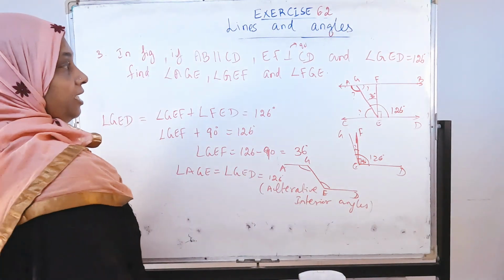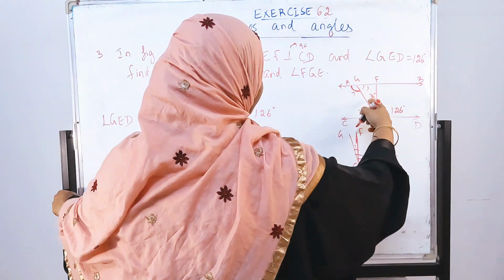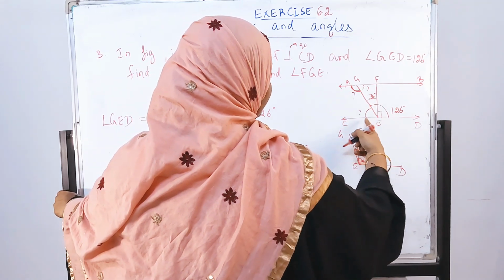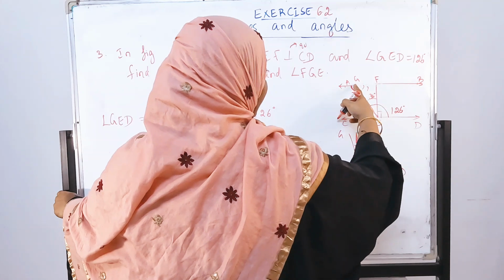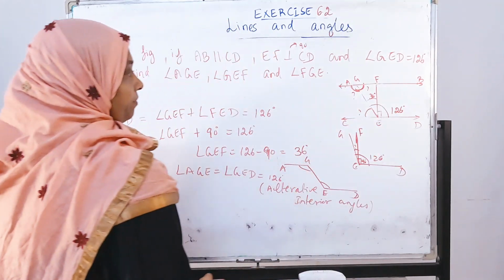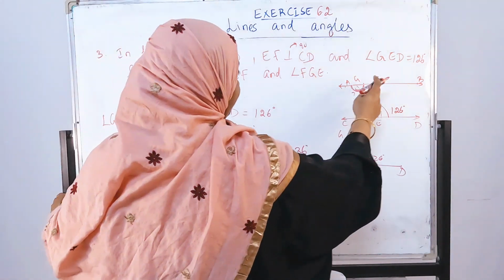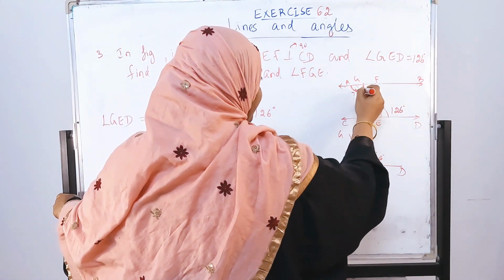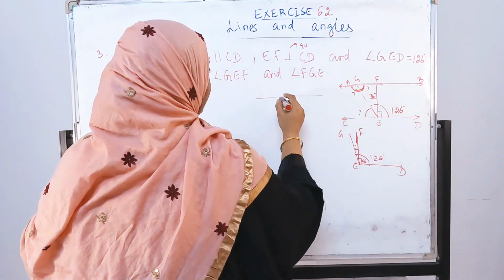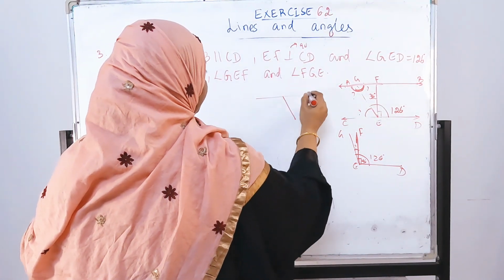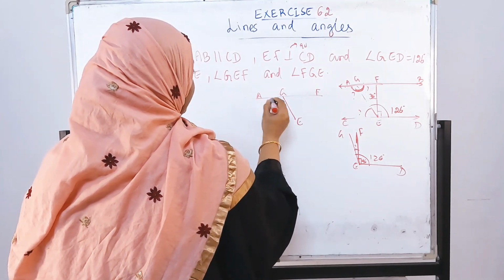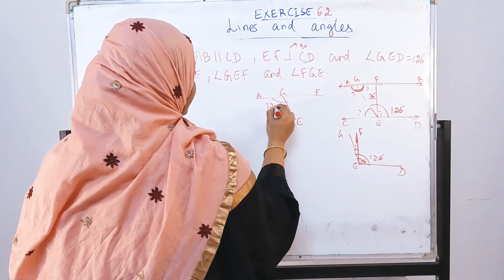How can we find FGE? They ask for FGE. If I am finding this, we can make a Z, or this line itself we can make. To find FGE, we will take this line. This part I know, 126 degree.